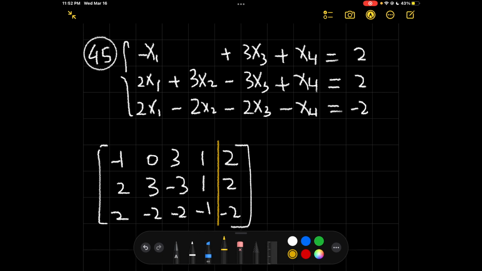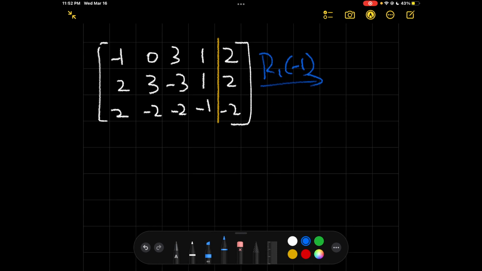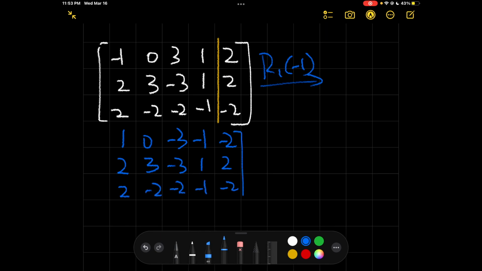This one won't have a unique answer since we don't have enough equations. So we need a leading one, which is row 1 times negative 1. What we got is: 1, 0, negative 3, negative 1, negative 2; 2, 3, negative 3, 1, 2; 2, negative 2, negative 2, negative 1, negative 2.